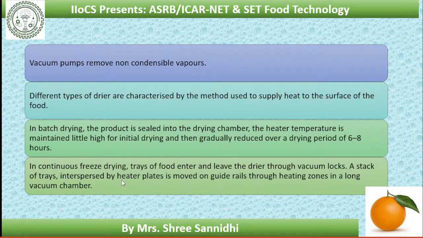In continuous freeze drying, trays of food enter and leave the dryer through vacuum locks.